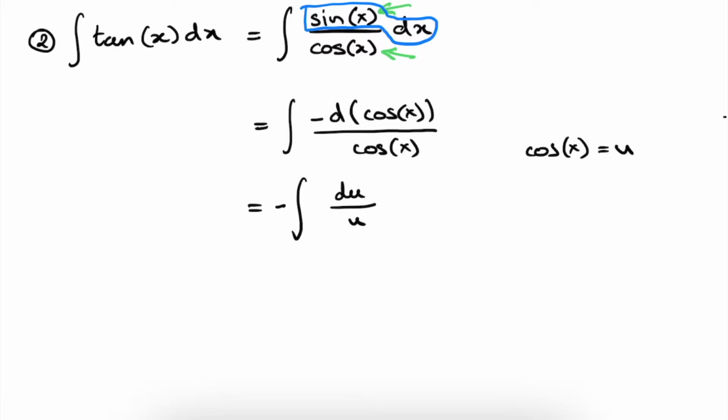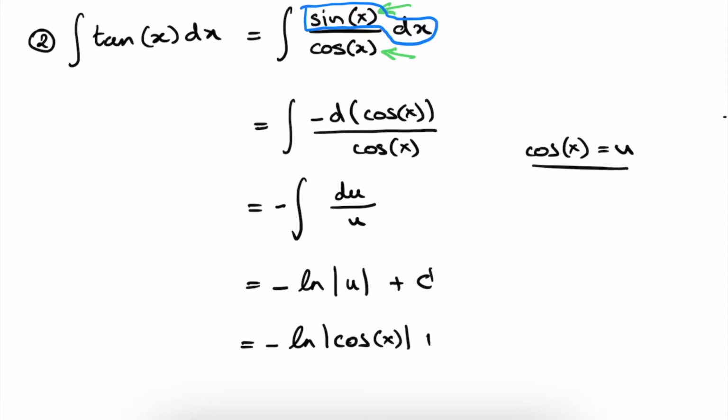And this now is exactly a basic integral, because we know that the integral of 1 over u du is simply equal to the logarithm of the absolute value of u, plus of course the c that we should not forget. And we can rewrite this even further now by resubstituting the cosine of x for u. So we get minus the logarithm of the absolute value of the cosine of x plus c.